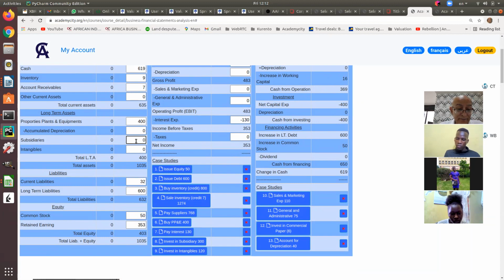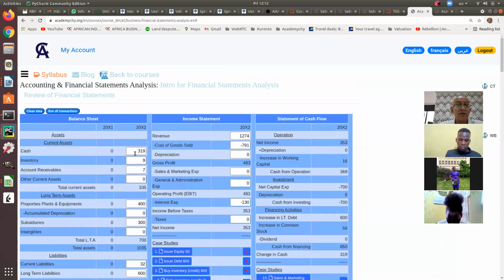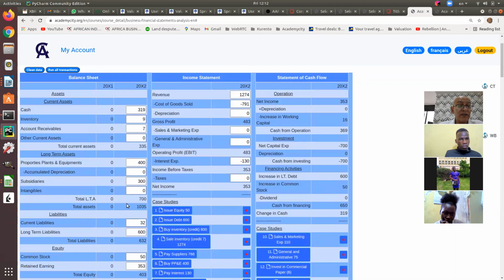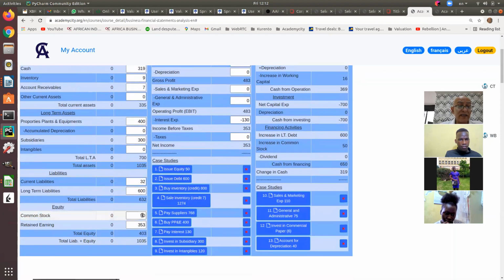So let's click on it. Oh, it went down by 300. As I said, this one went up by 300. Again, my current assets went down by 300. My long-term assets went up by 300. Total asset didn't change. Therefore, the accounting identity remained.